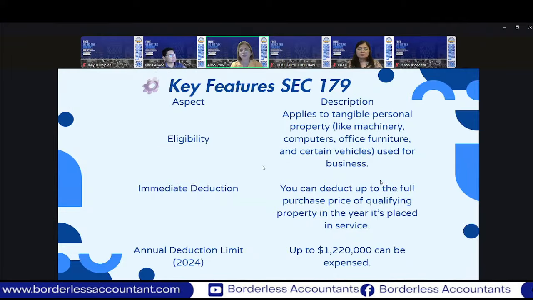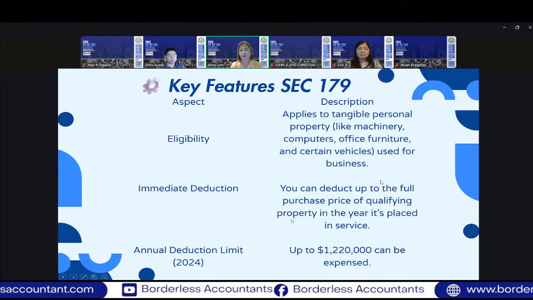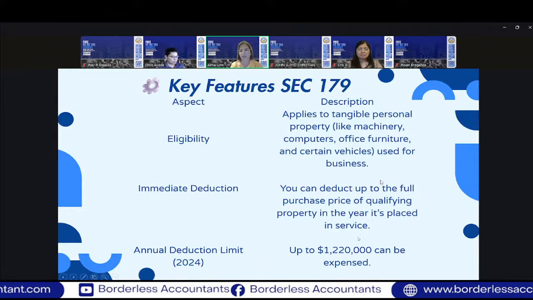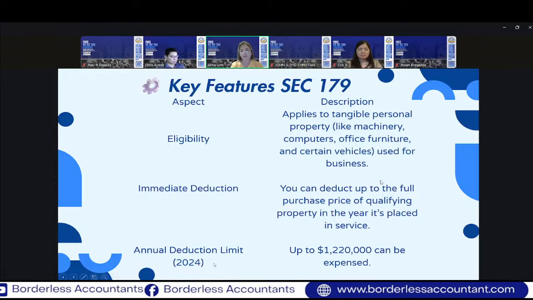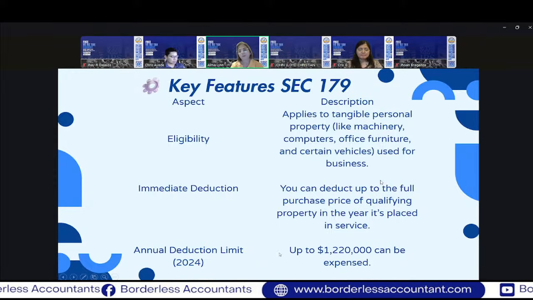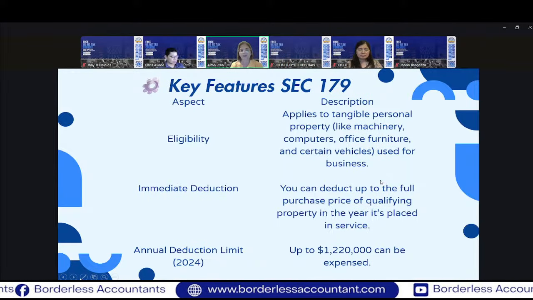Immediate deduction: you can deduct up to the full purchase price of qualifying property in the year it's placed in service. Annual deduction limit, based on 2024, is up to $1,220,000 that can be expensed.